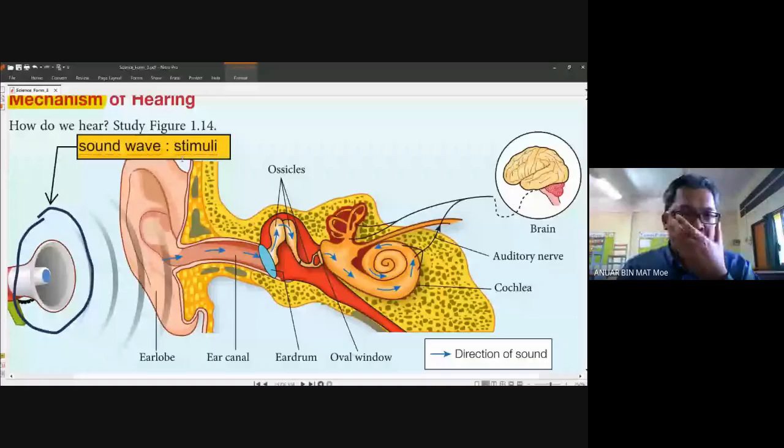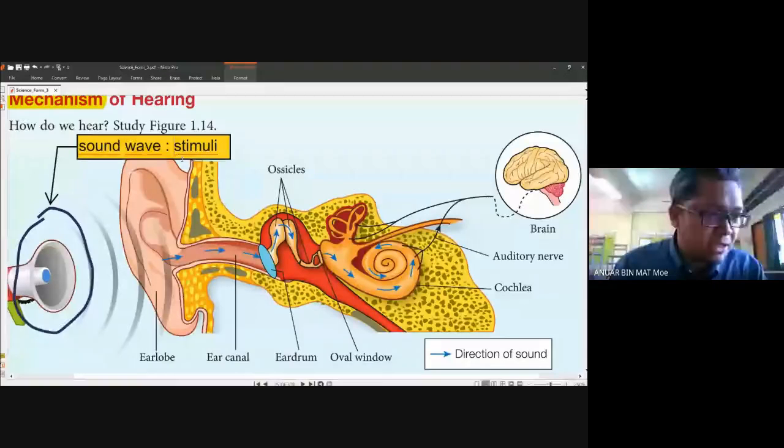Maybe sound waves from the speaker, from the television, from your handphone. There are many sources of sound waves, but according to the picture here, these are the sound waves from the loudspeaker.